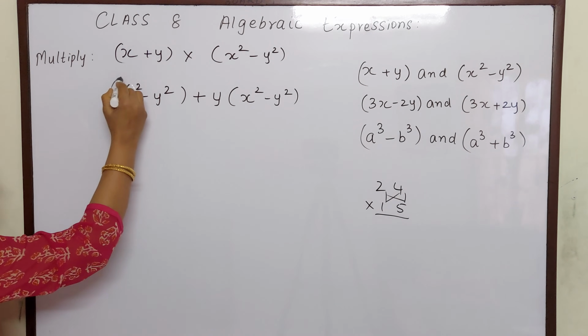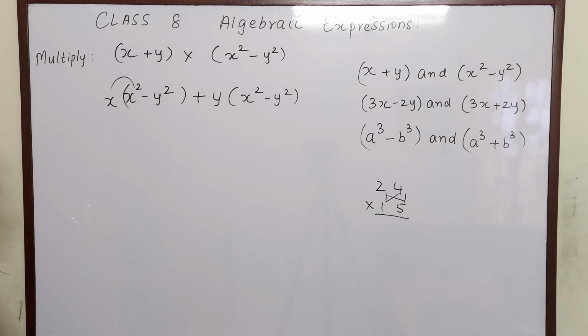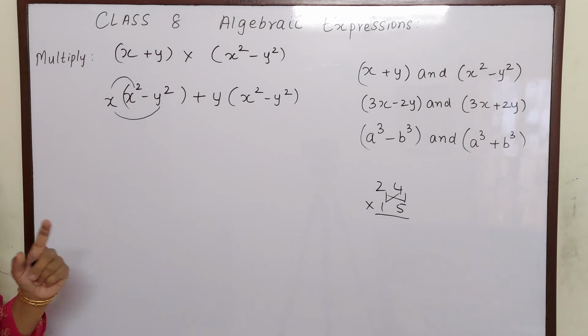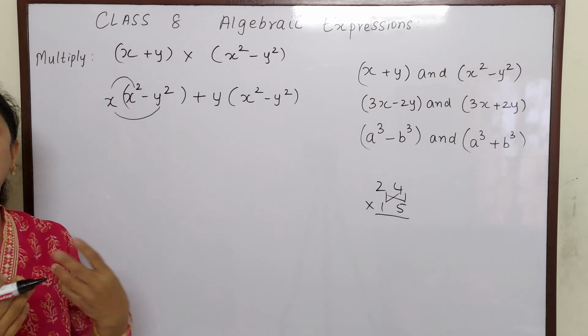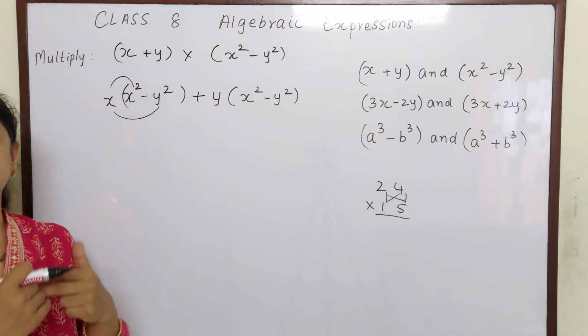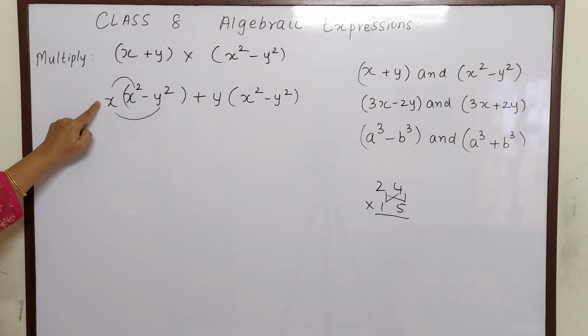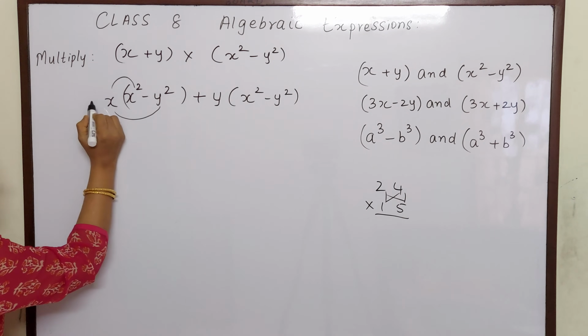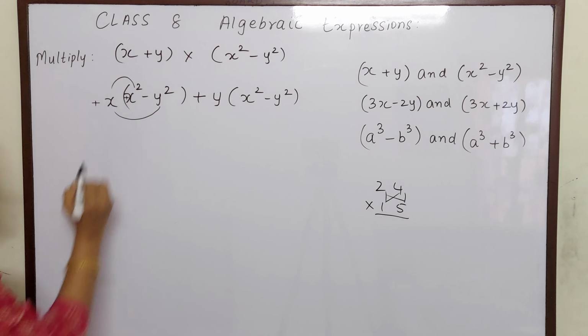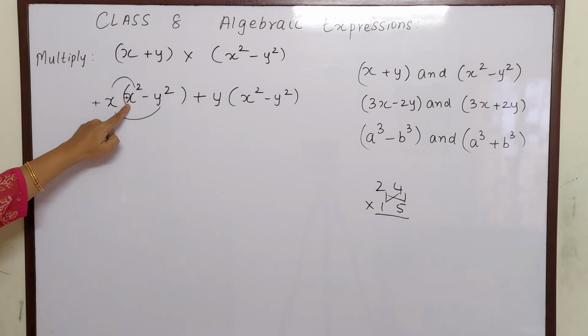Now x has to be multiplied by x square, and then x has to be multiplied with y square. Whenever we multiply the alphabets or the numbers, please remember to multiply their signs first. Now here there is no sign, that means this is plus, children. With x square also there is no sign, that means it is plus. So plus into plus, plus.